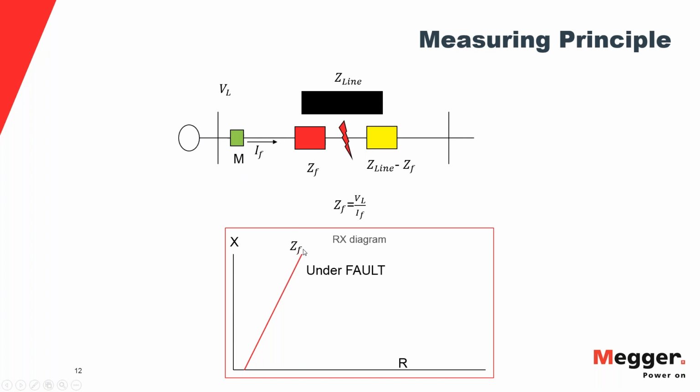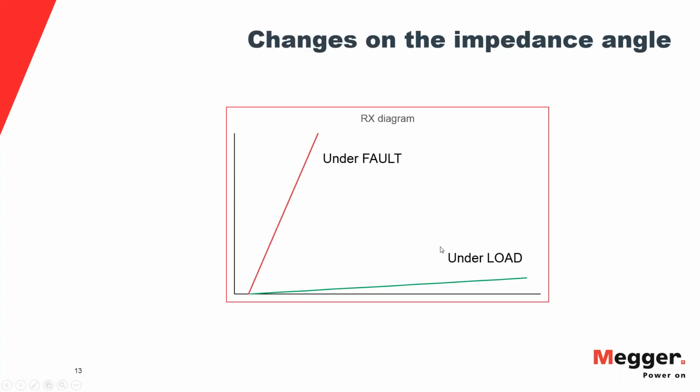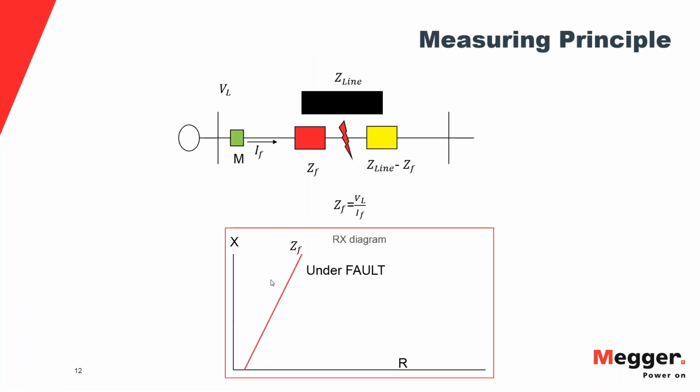And you see that change from an impedance that was very close to the resistive axis to an impedance that's very close to the reactive axis when you have a fault, because lines are essentially reactive in nature. Most of the impedance of the line happens to be inductive. So you have this changing characteristic of the measured or apparent impedance as measured from this point.